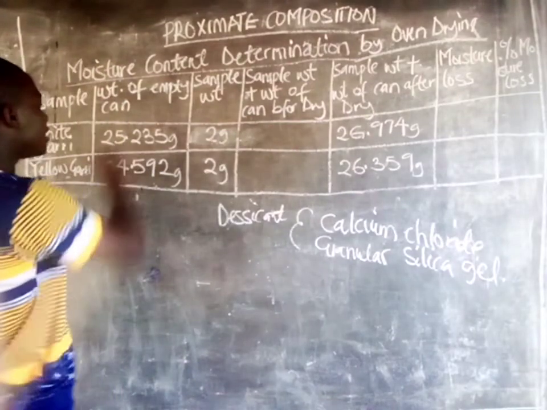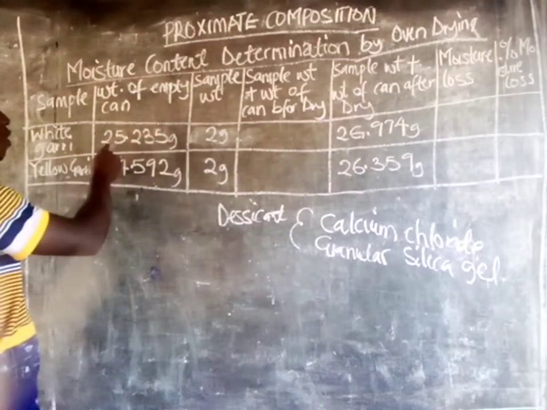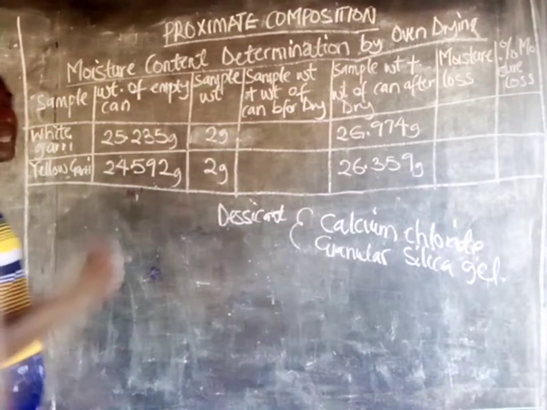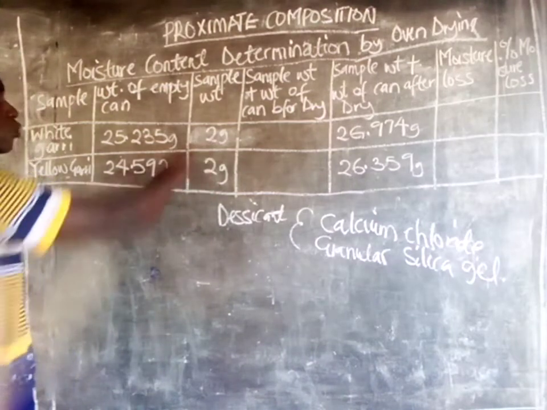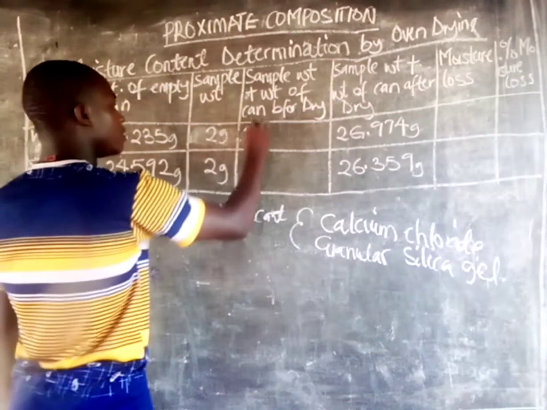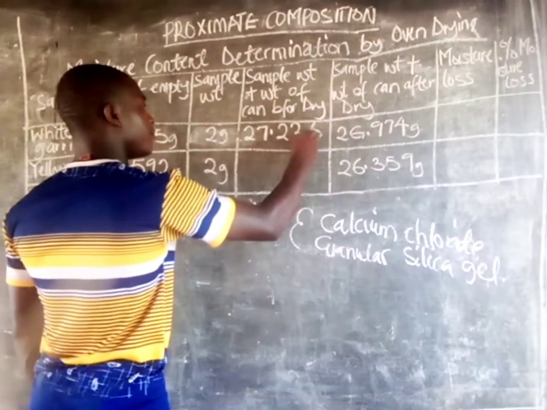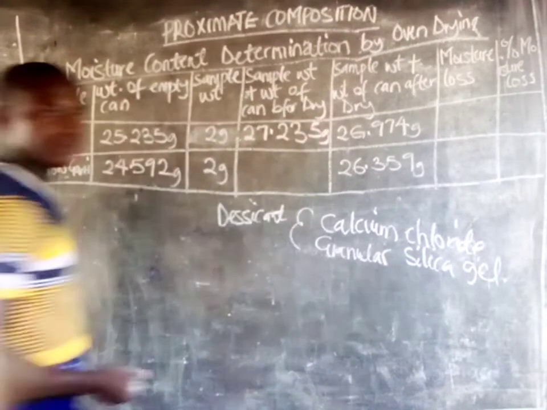When you add it, the weight of the can was 25.235, and when you add the 2 grams of the white Gari, you now have 27.235 grams.